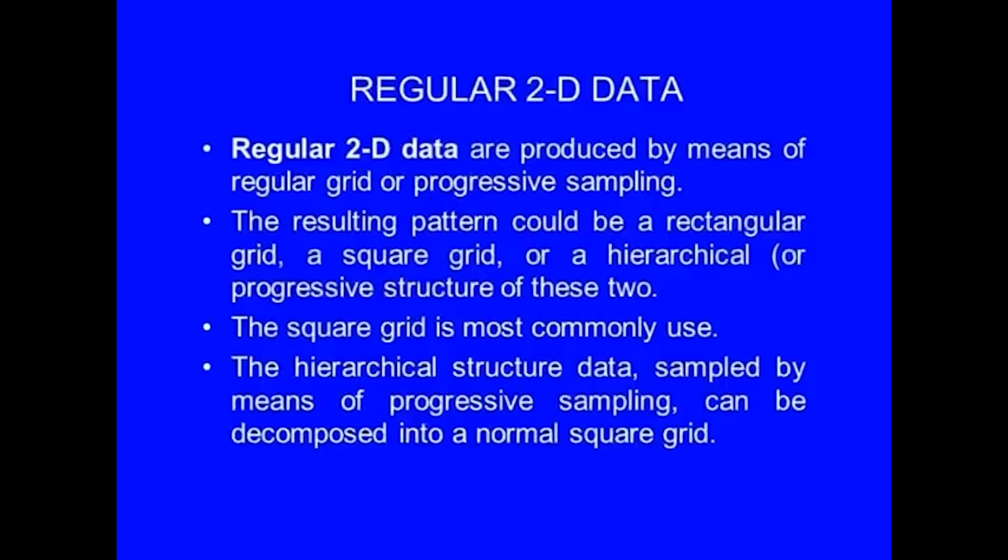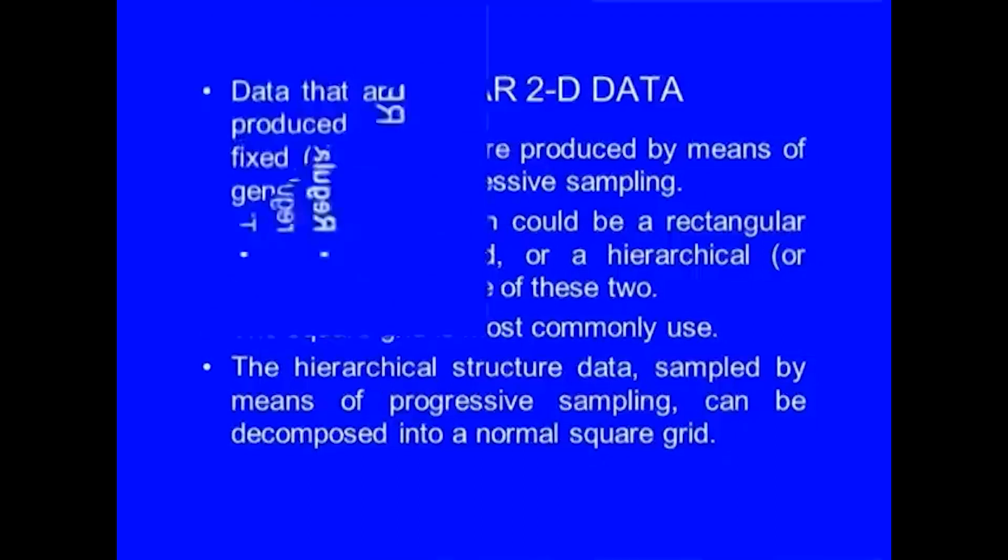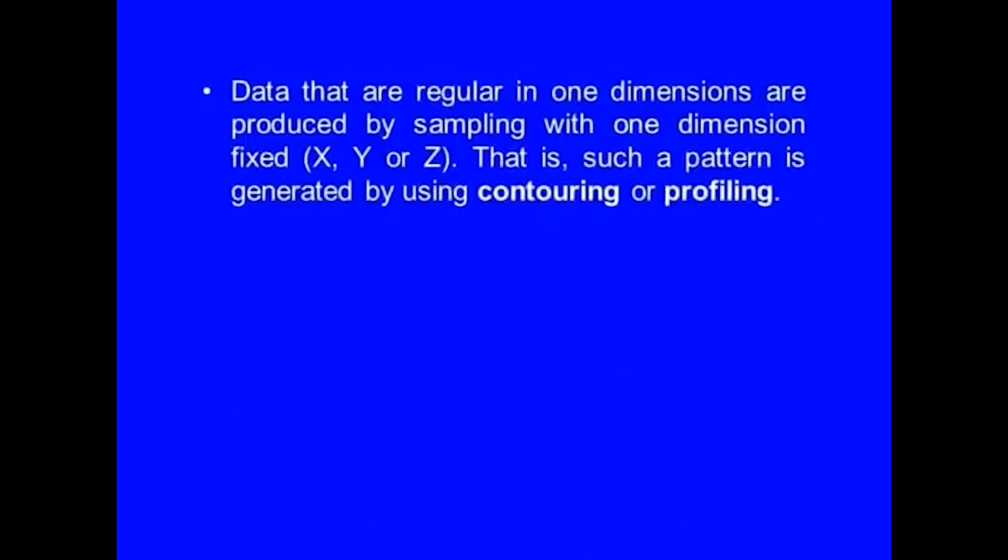The hierarchical data structure, data sampled by means of progressive sampling, can be decomposed into a normal square grid. Data that are regular in one dimension are produced by sampling with one dimension fixed, x, y or z, that is, such a pattern is generated by using contours and profiling.